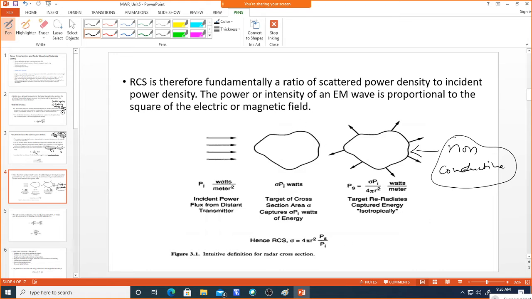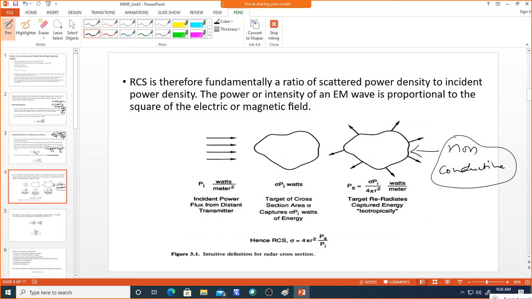Now, the power or intensity of an EM wave is proportional to the square of the electric or magnetic field, because power is measured in terms of field quantities, is it not? Once the wave is scattered, it is scattered in terms of electric and magnetic field. Once we know the electric and magnetic field, from that we can calculate the power, or from the received power we can calculate the field quantities.